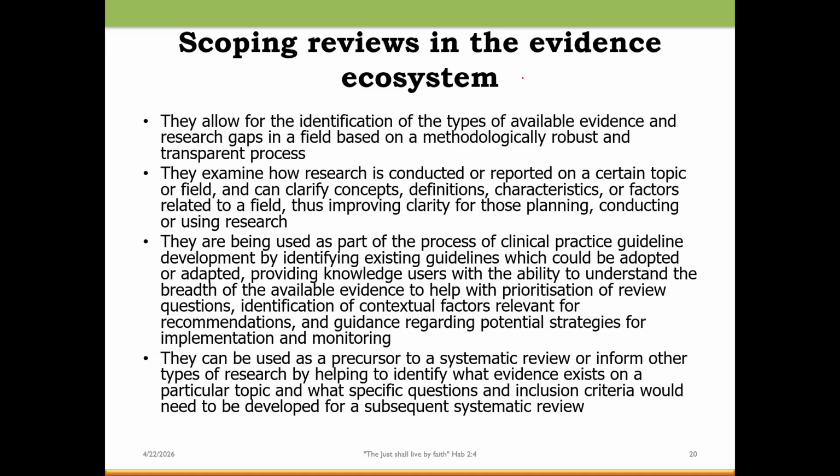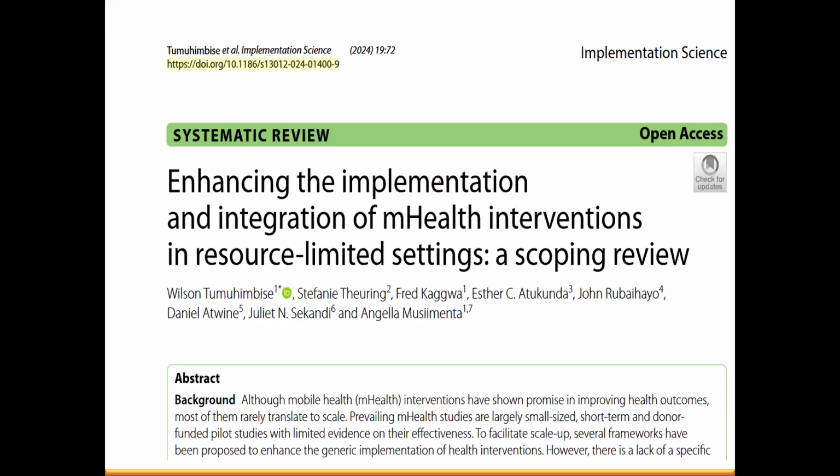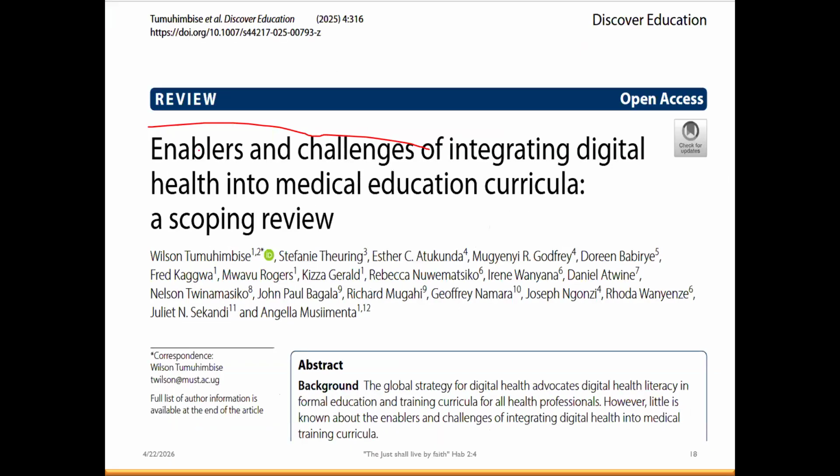They also examine how research is conducted or reported on a certain topic or a field by clarifying concept definitions, characteristics, or factors. For example, this review we carried out is one of the reasons why I carried out this scoping review.